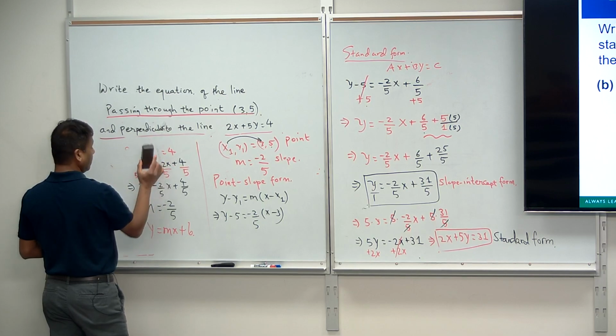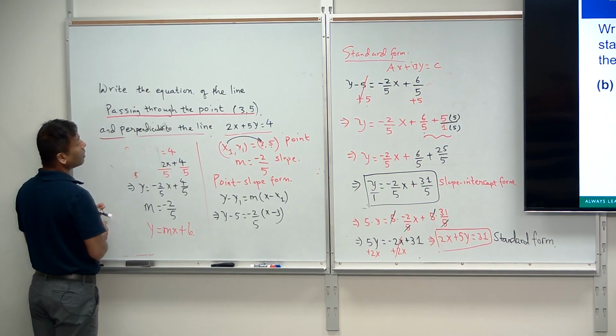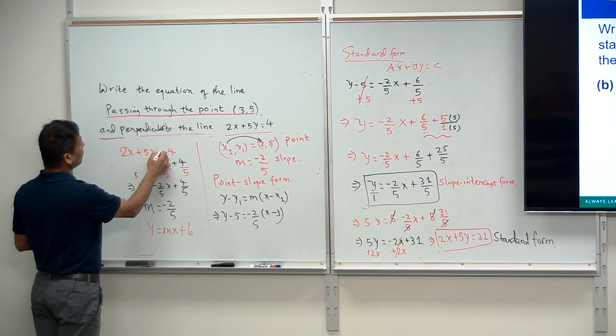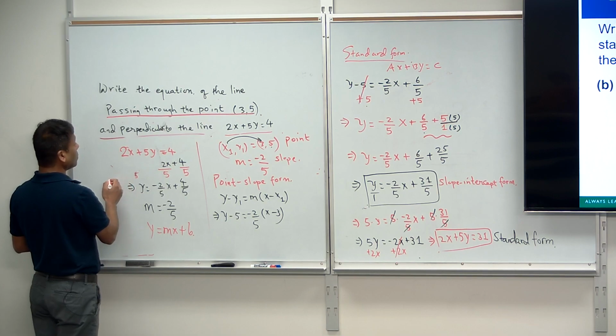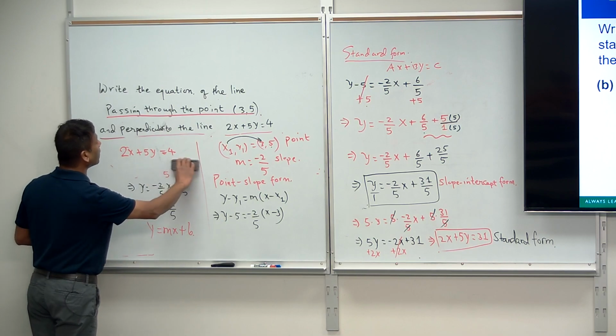So by the way, I don't have to change anything here, right? Because this is 2x plus 5y equals 4. Look here.